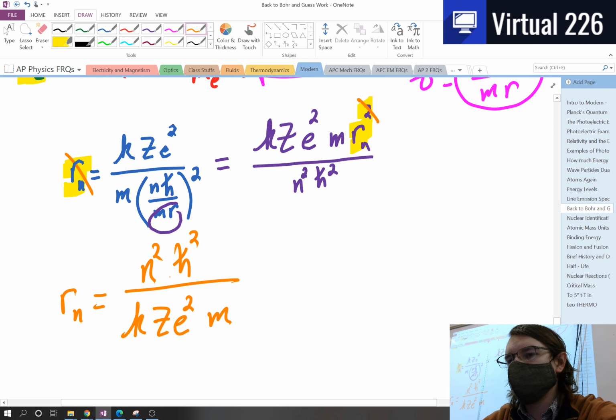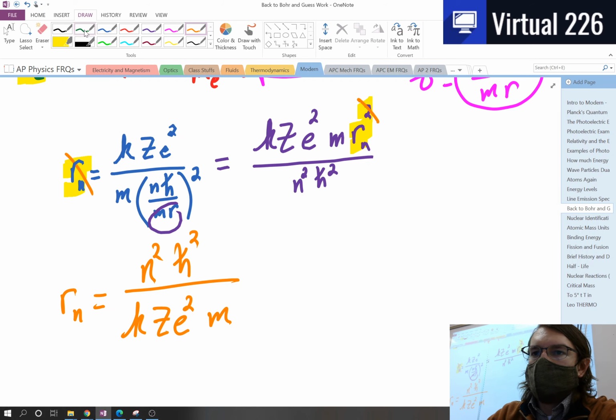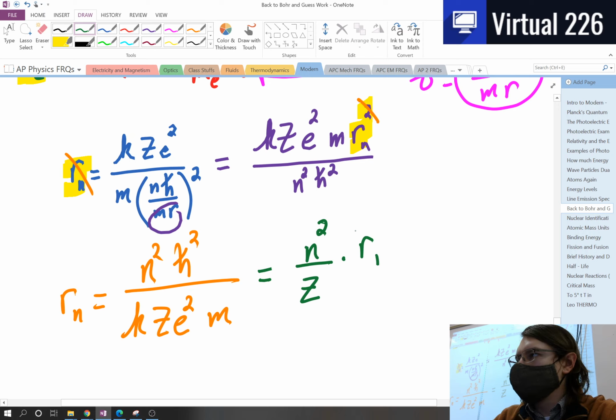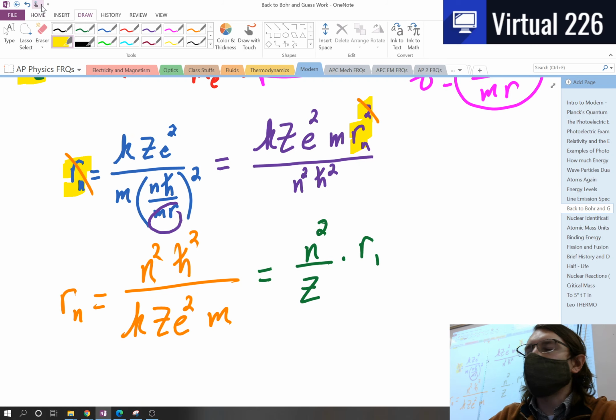Whew. Which we are then going to simply call n squared over z multiplied by R1. What the heck is that R1?